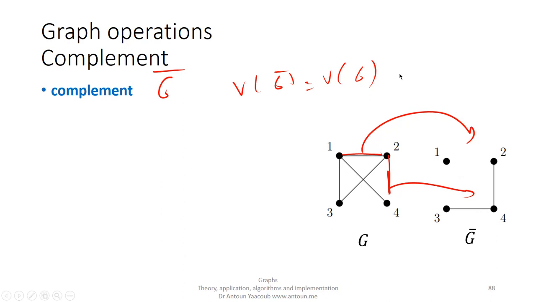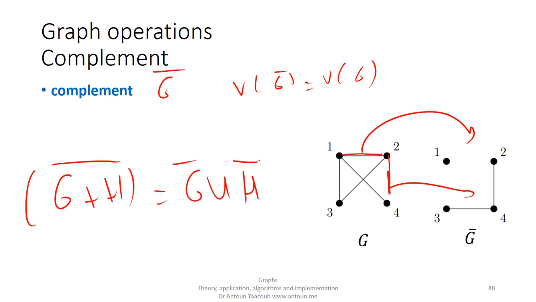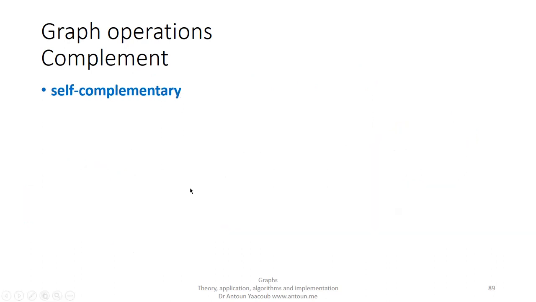We have a property that the complement of the join is equal to the union of the complements. Obviously, because in the join I'm adding more edges, in its complement I will end up with the removal of these edges.